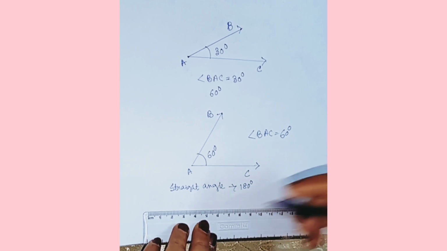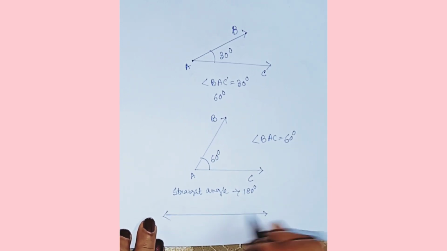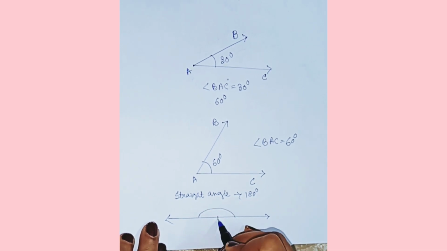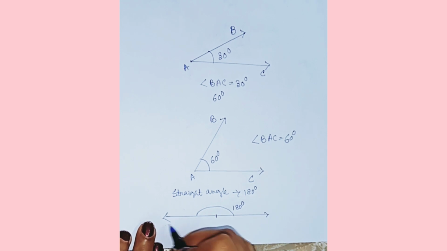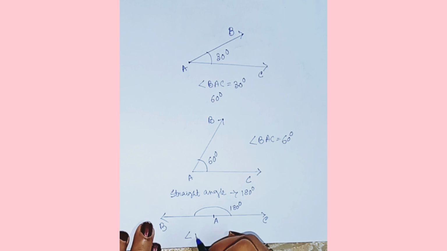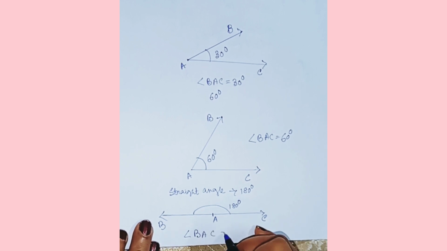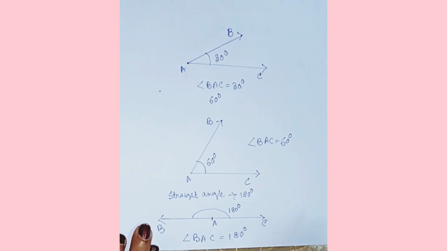You draw the straight line, then place the arrow and mark a point, and that is 180 degree. Then you write the name BAC, angle BAC is equal to 180 degree. That is called the straight angle.